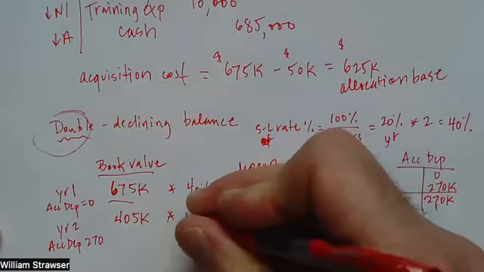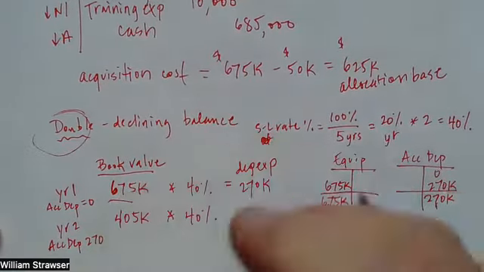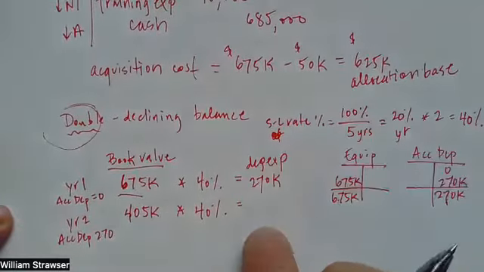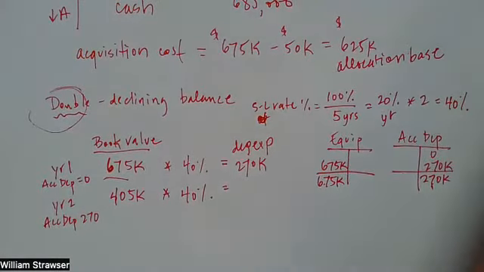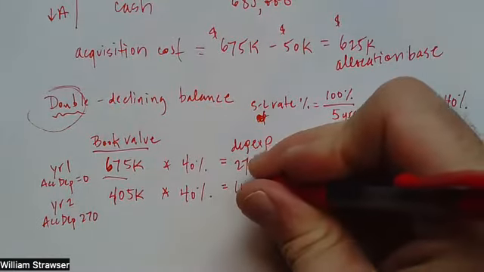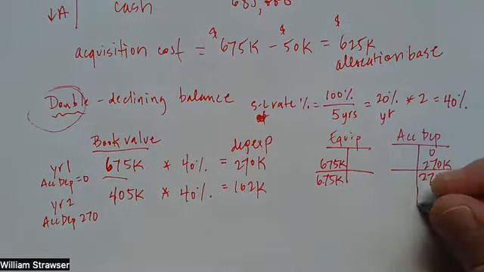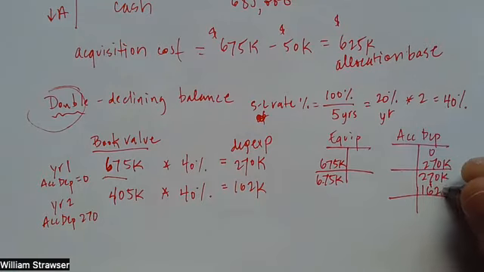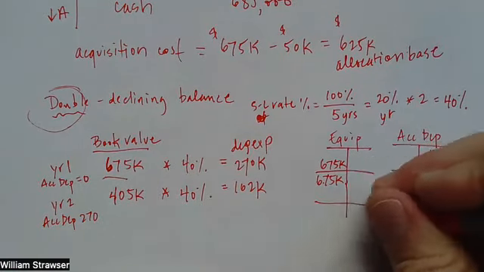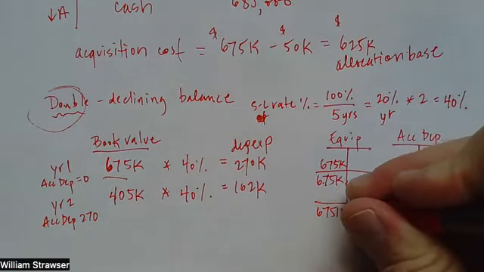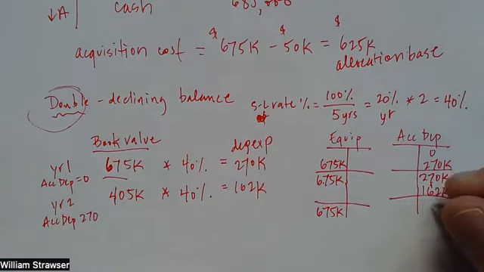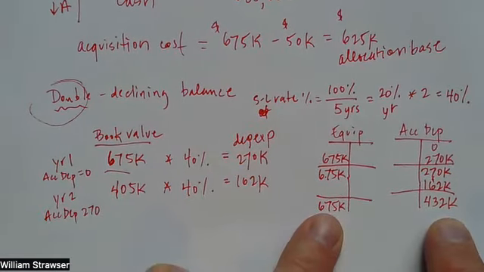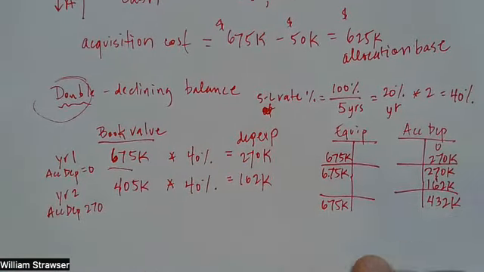I multiply that by 40%, and that's my second year depreciation expense under double declining, which comes out to 162,000. That updates now 162. Still 675 here. So now I have a book value in my third year, 675 minus 432.